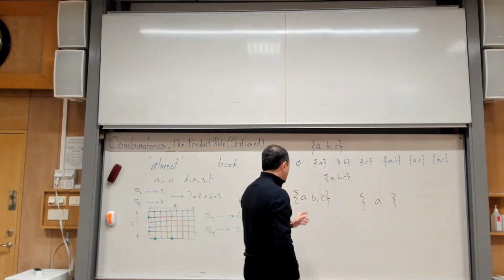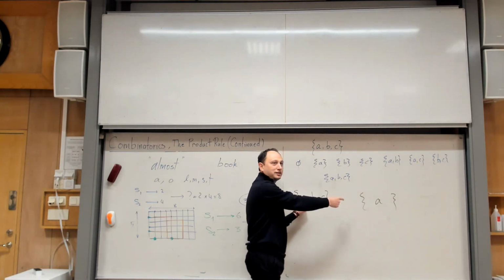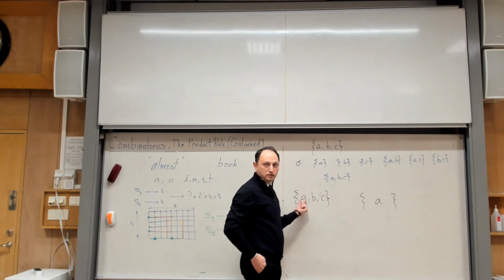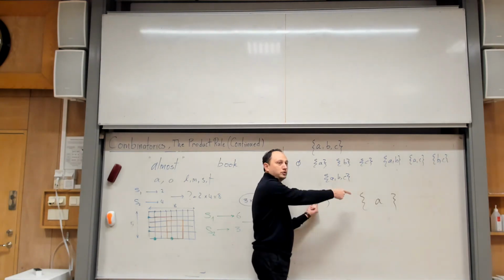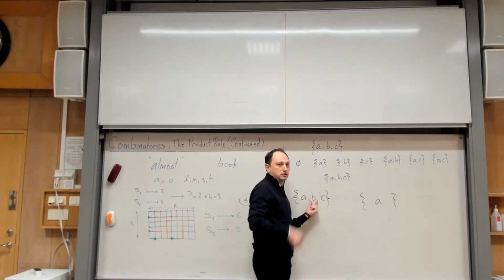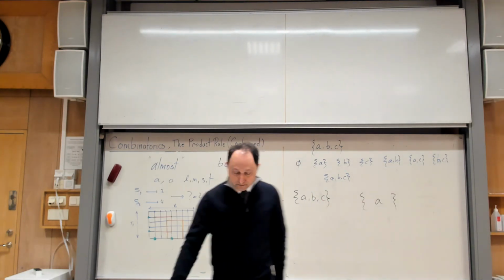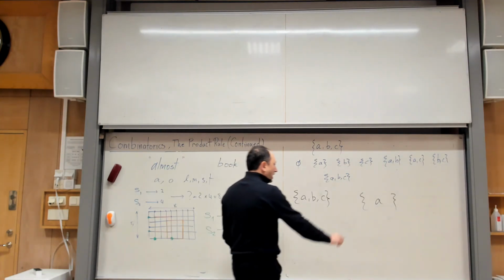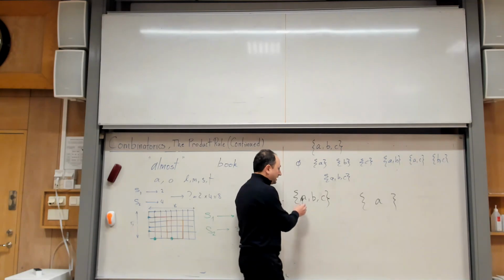Yes, because you say that I decide about A. I have 2 choices. Either I like it and put it there, or I dislike it and throw it away. And then I go to B. Either I like it and put it there, or I don't like it and throw it away. And the same thing for C. So it means that writing a subset is actually a task, in this case, with 3 stages.